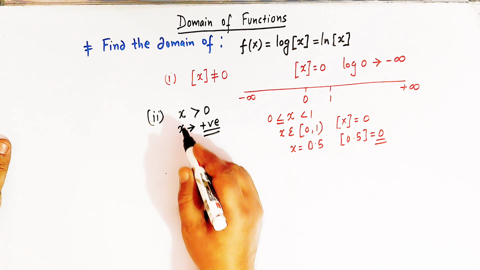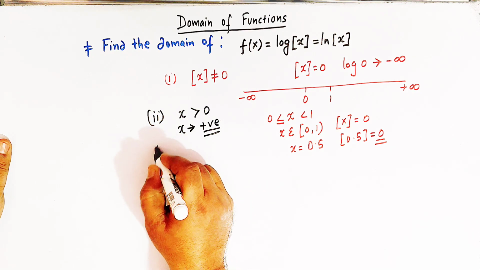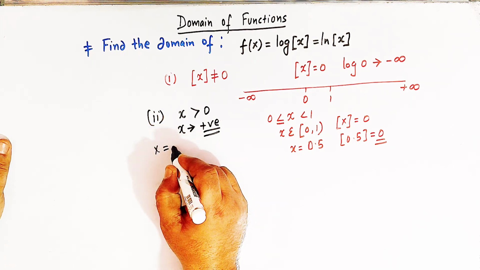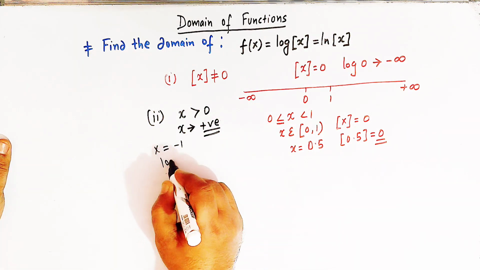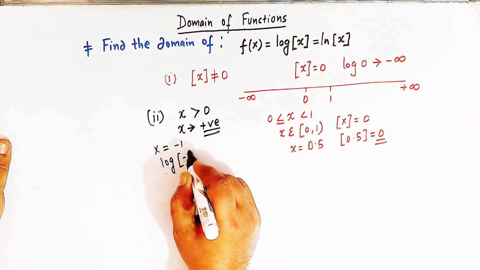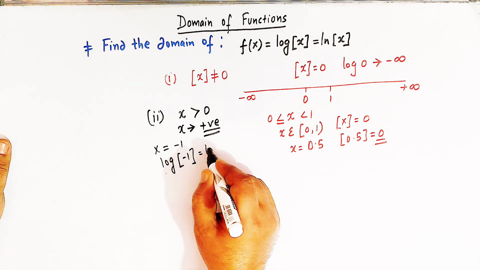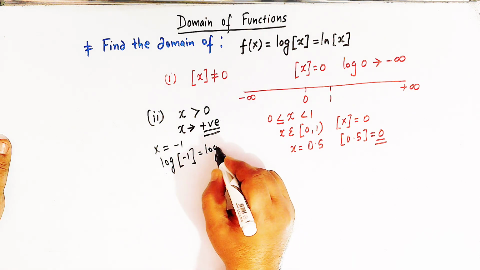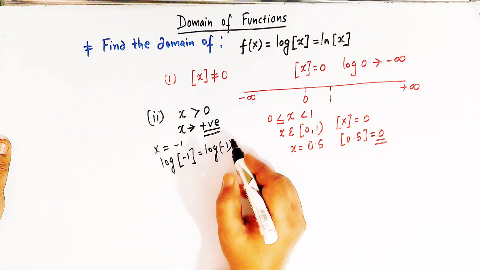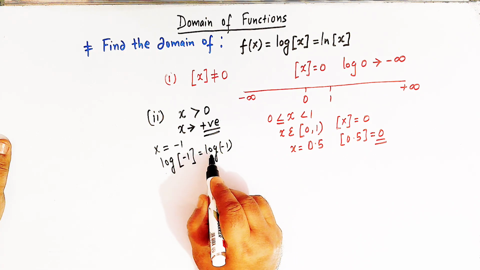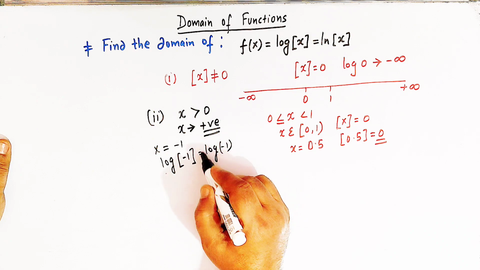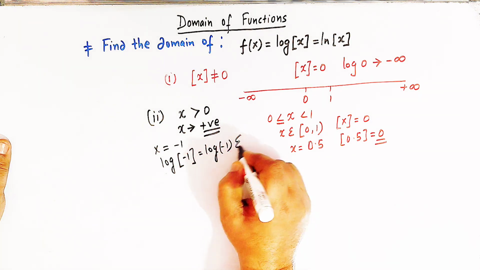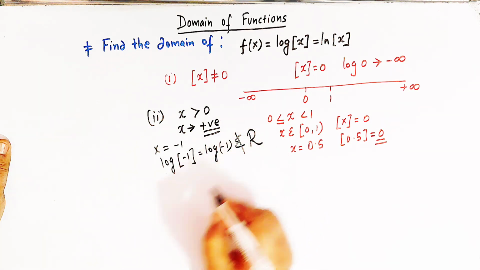Now let us take some examples here. Suppose we have x equal to minus 1, right? Then we have log of the greatest integer of minus 1, and the greatest integer of minus 1 is minus 1, and here we have the logarithm of a negative number, which does not belong to the set of real numbers, right?